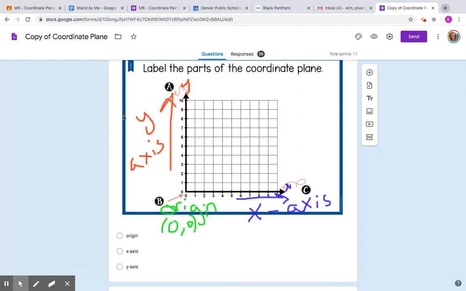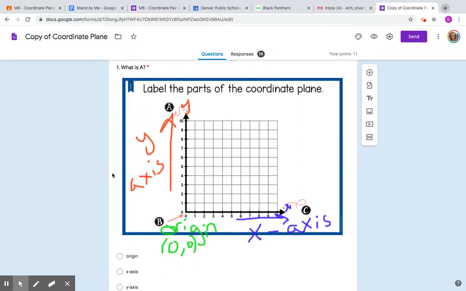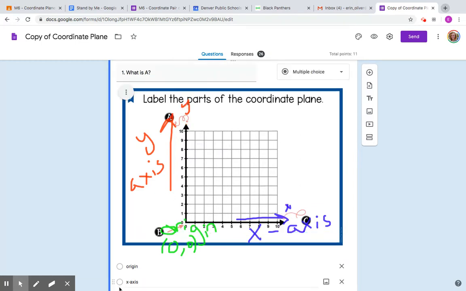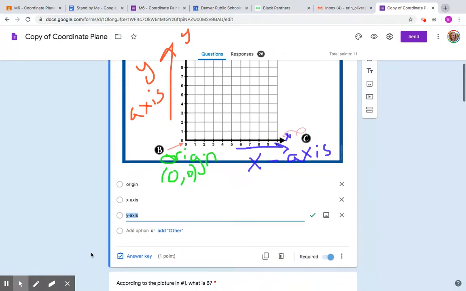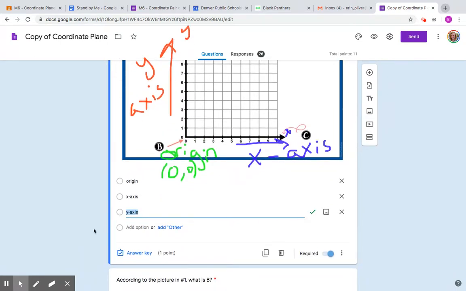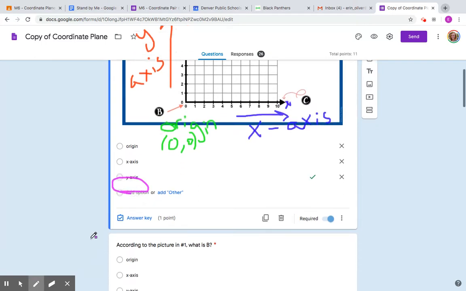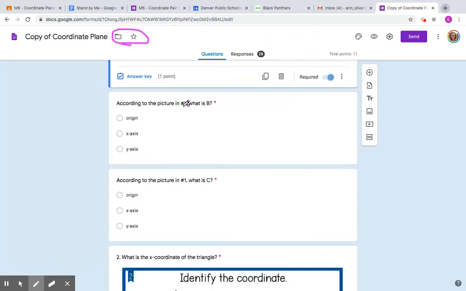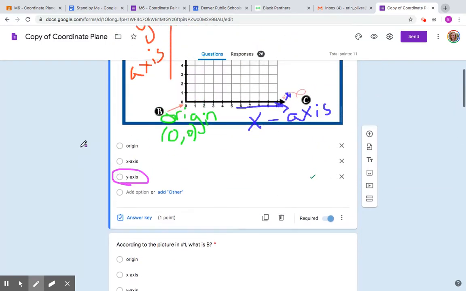Point A is going to be our up and down line, our number line going vertically, which is our y-axis. So your answer should be y-axis. Take another look. Now it's asking what B is.